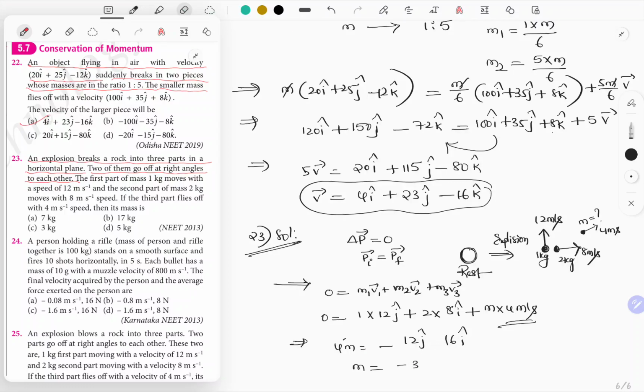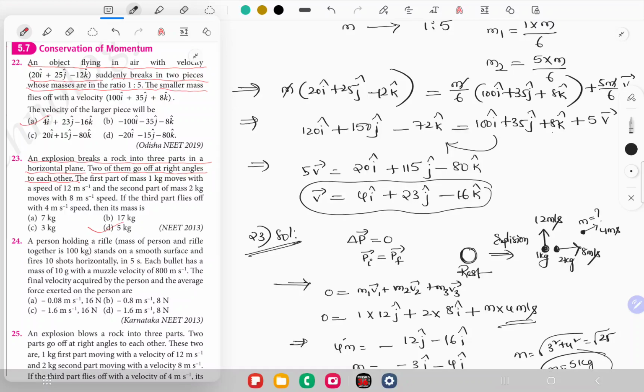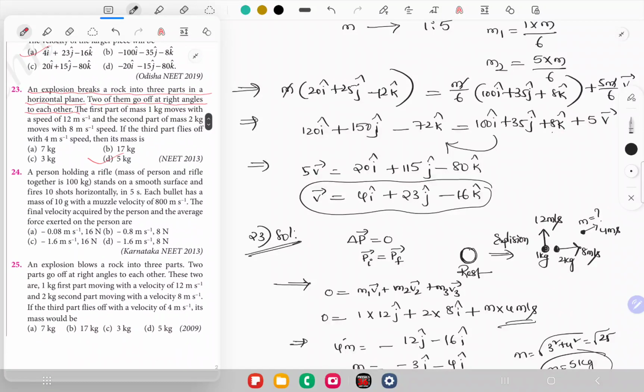Here we are going to get minus 3 j cap minus 4 i cap. I need magnitude. So m is equal to root of 3 square plus 4 square, which is root 25. Then m is equal to 5 kg. This is the answer. Mass of the third particle is going to be 5 kg. Which option is correct? Option D is correct.